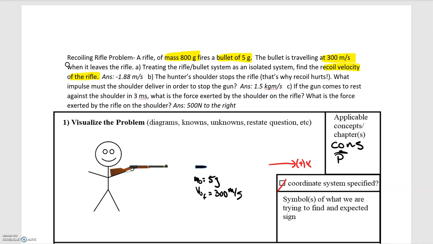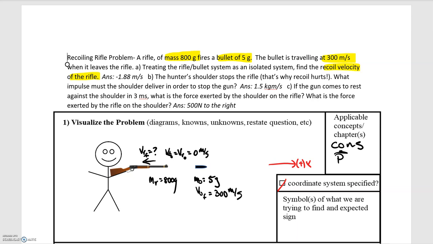Now we have the rifle. We're told that the mass of the rifle is equal to 800 grams. And we need to know what the final velocity of the rifle is. Again, we're expecting that to be in the left direction, which will be the negative x direction. We can assume that they're starting from rest, so V_B naught is equal to V_R naught, which is equal to 0 meters per second.